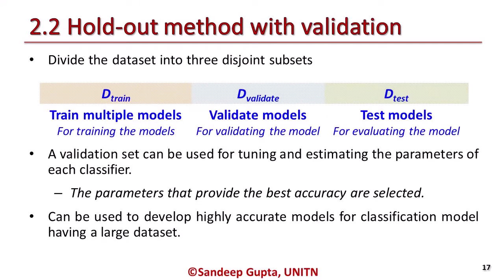In the holdout method with validation, the given data is divided into three subsets, namely training set, validation set, and the testing set. A validation set can be used for tuning and estimating the parameters of each classifier. The parameters that provide the best accuracy are selected. However, to fully determine that the selected algorithm is correct, the model is applied to the training dataset again.